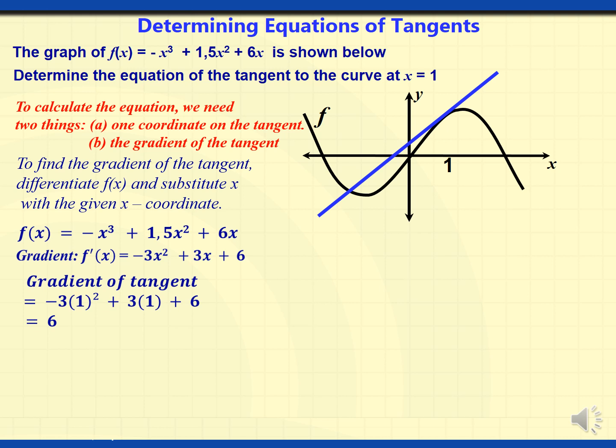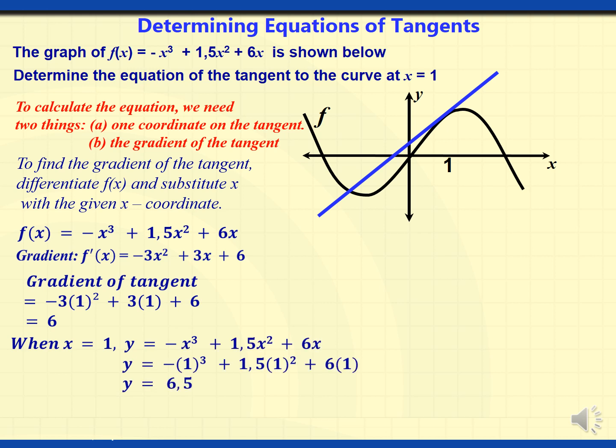The second piece of information that we need is the coordinates of the point where the tangent is touching the curve. It is touching at x equals 1. So we substitute x with 1 in the equation of f, and that will give us the y coordinate where the tangent is touching the curve.